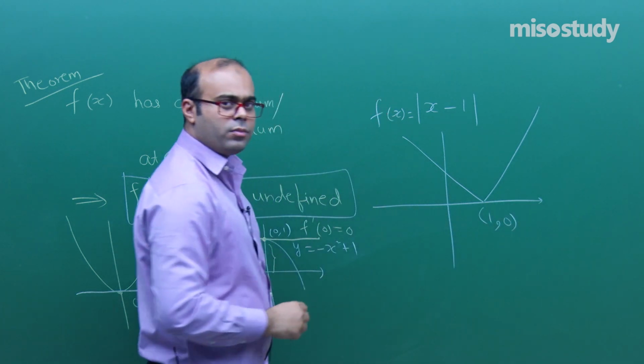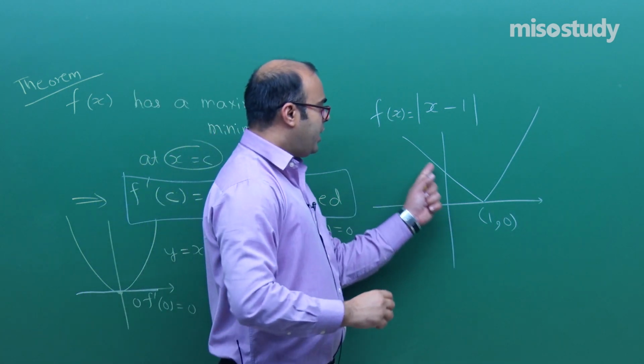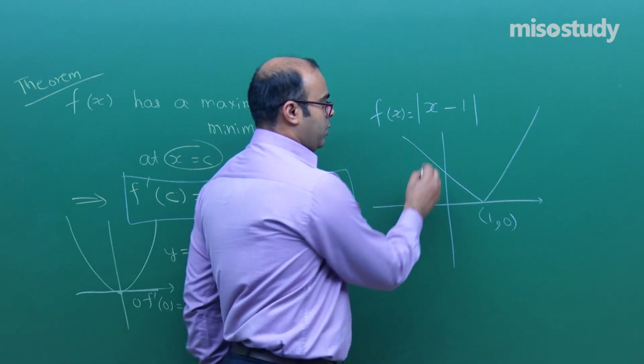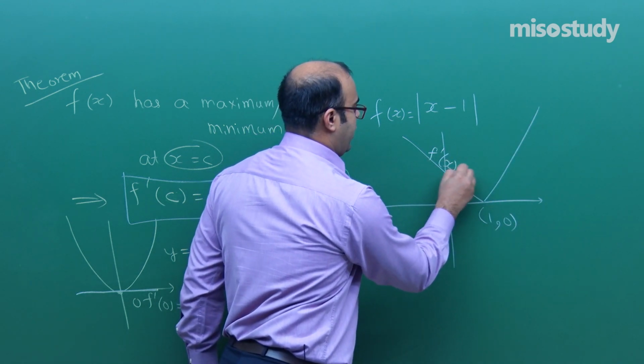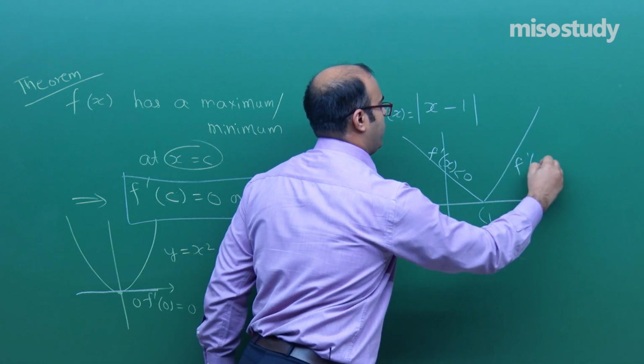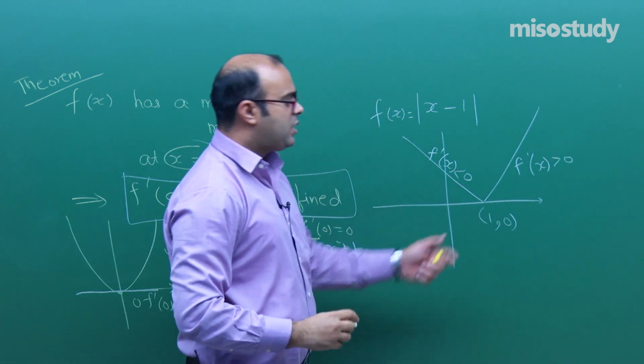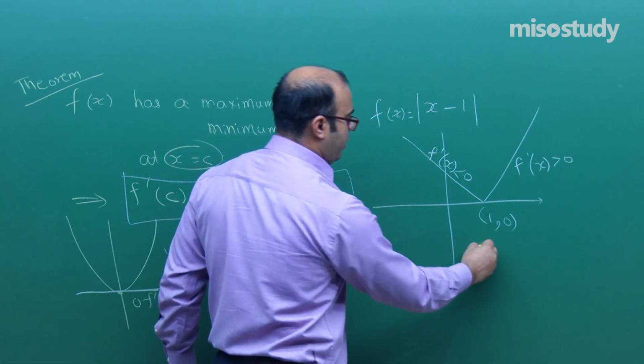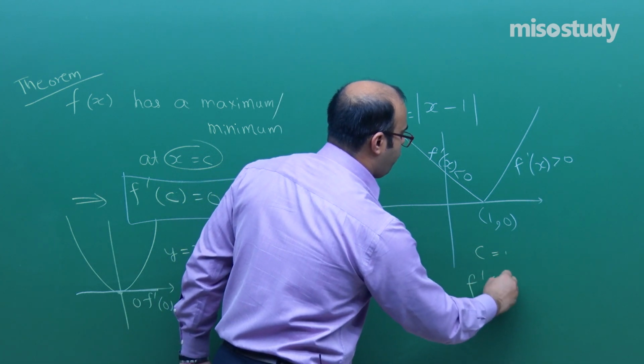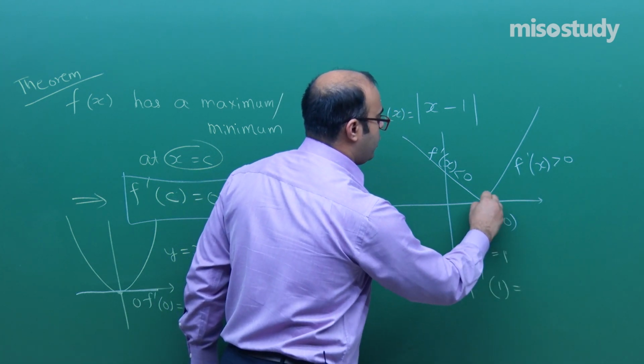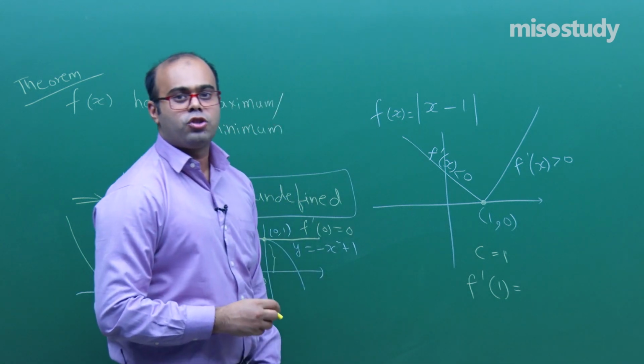If we observe, this is a decreasing and this is an increasing part. Here f dash x is negative, here f dash x is positive. At x equal to 1, here c is equal to 1, if we find f dash of 1 at this point, you will see that the derivative does not exist.